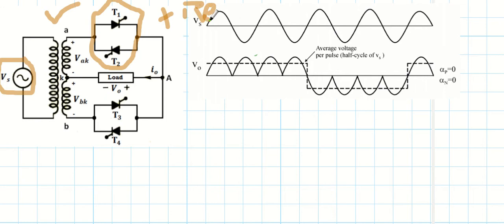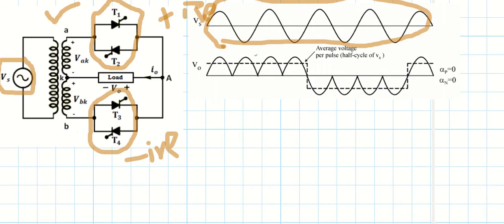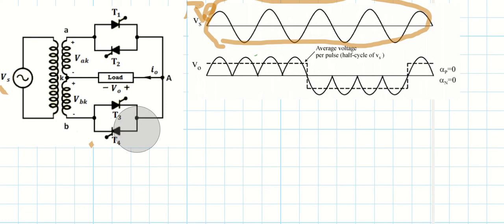And at the bottom, we have a pair of thyristors T3 and T4, and we can say these are negative thyristors. Okay, that's our input waveform. Now let's see the operation of this step down cycloconverter.